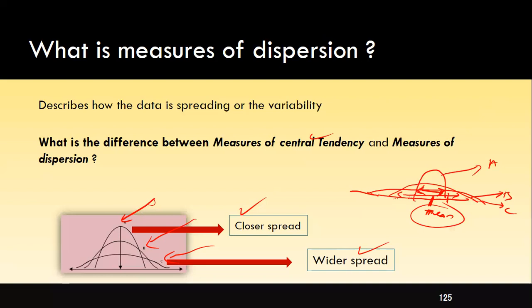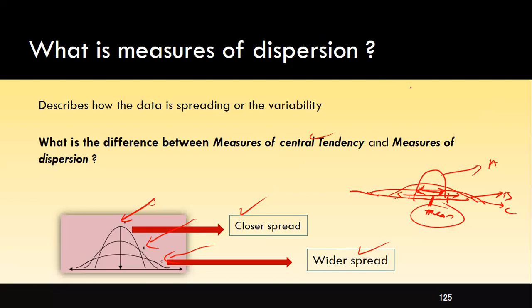But the central tendency does not tell us anything about the spread of the data. We need some measures which show whether the distribution is small or large. That is where the measures of dispersion play an important role.